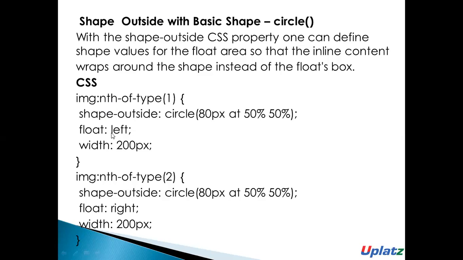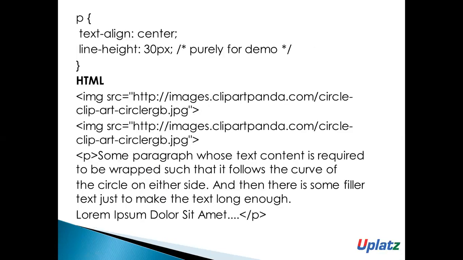Float left, so obviously it will divide the page into two. Next is the second image, which is the same, but I have given float right, so it should be on the right hand side. With this, it will divide the page into two equal halves. So this is shape outside with basic shape.